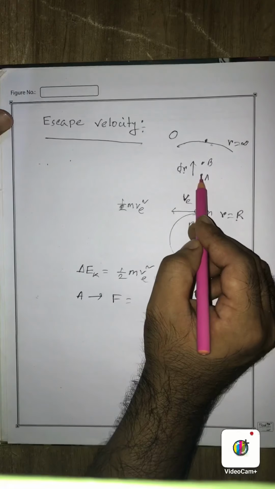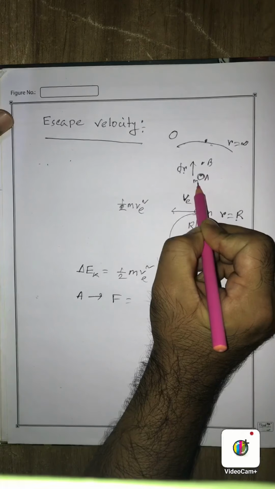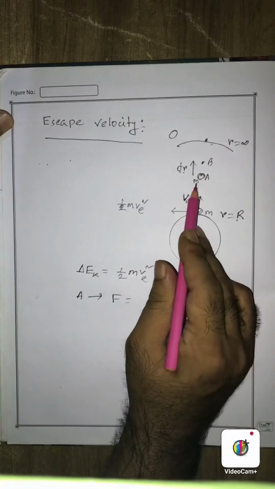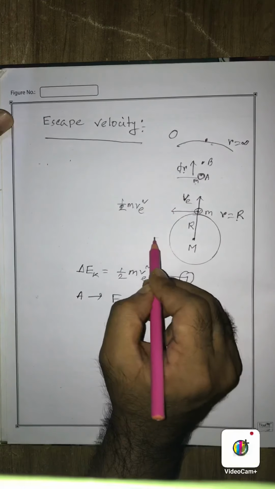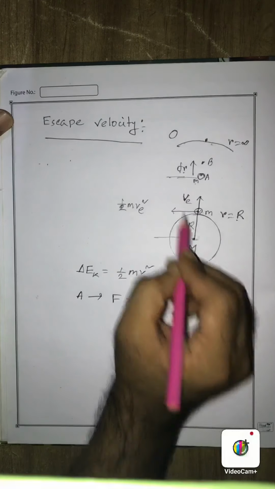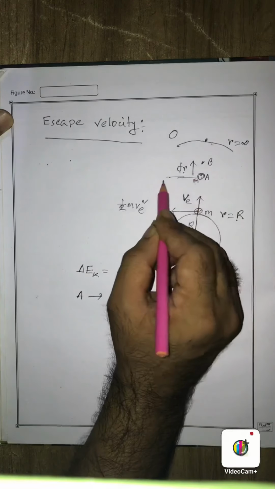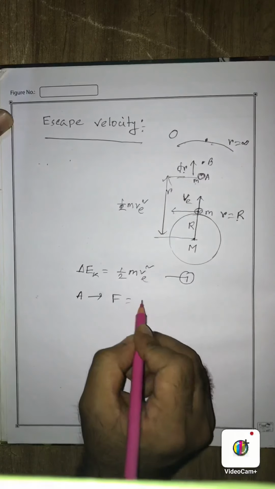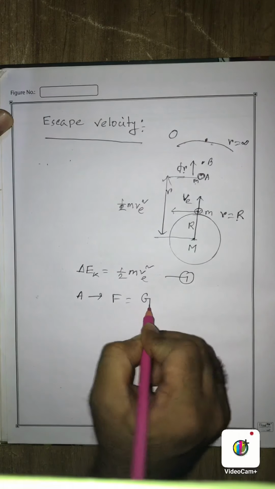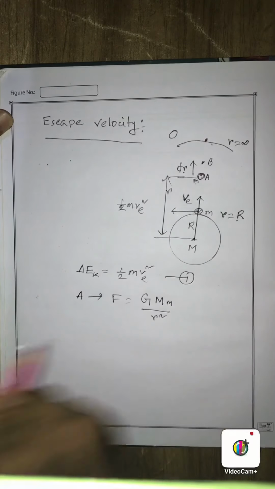The mass of the object is small m, and the distance from the center of the Earth to the point A is small r. So the force is F equals G capital M small m divided by small r square.